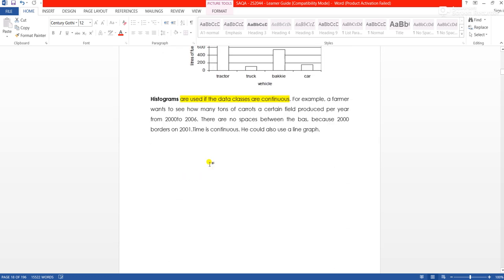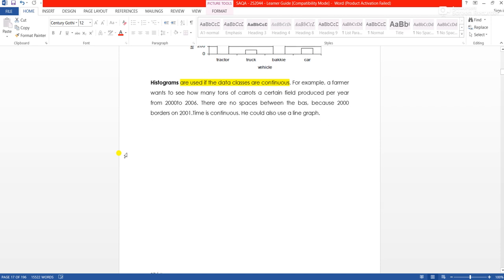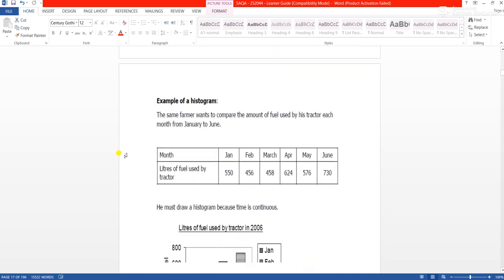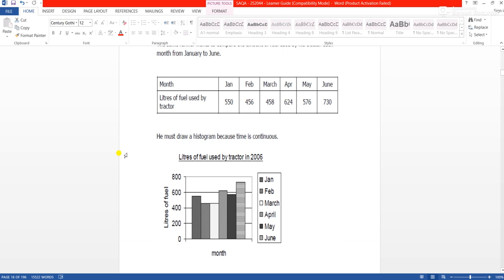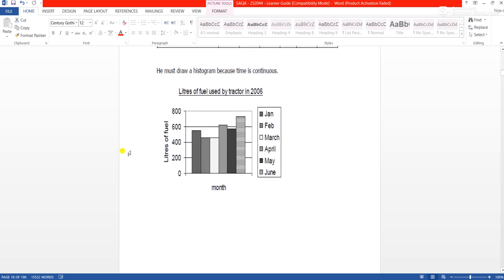Remember, histograms are used when data classes are continuous. 2000 borders on 2001, so it is continuous. From 2000 to 2001 is continuous, so hence there is no space between 2000 and 2001.